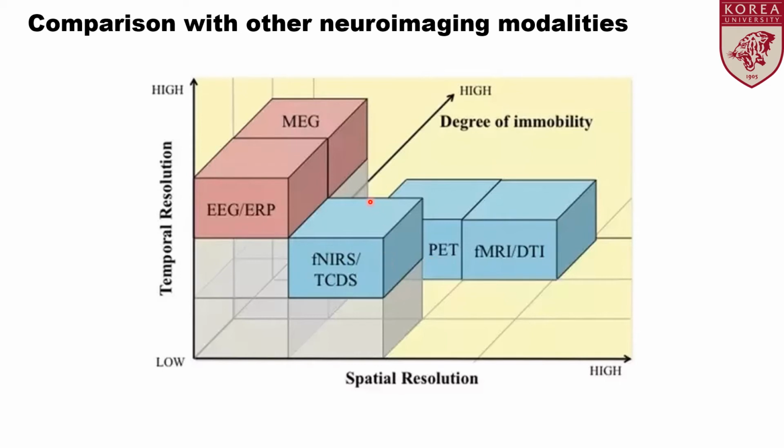And if we see the degree of immobility, its mobility is also good as compared to PET and fMRI. So this means that fNIRS could be the most favorable neuroimaging device in the future.